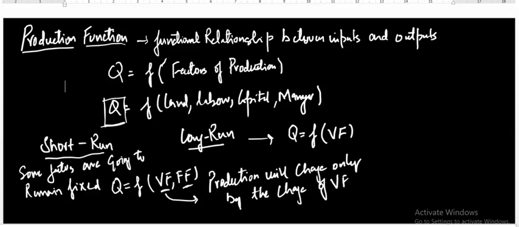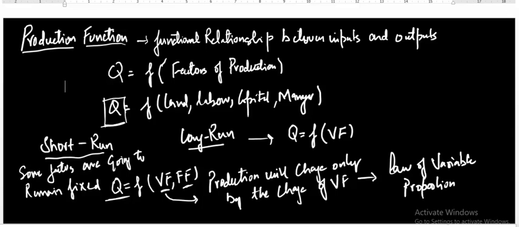Now any change that we will see in the output will be only with the change in this variable factor, and this type of a law is known as law of variable proportions. So the behavior of the production in the short run is studied by the law of the variable proportions. We'll discuss that in detail in the coming lectures.